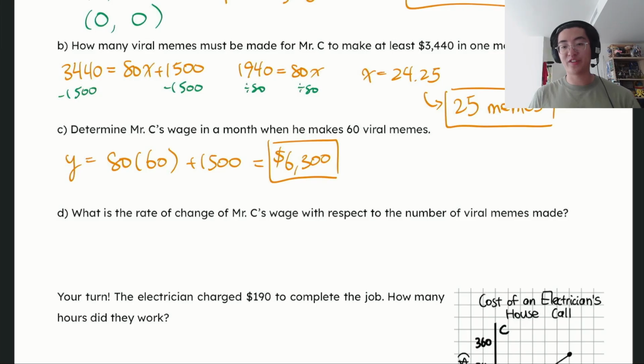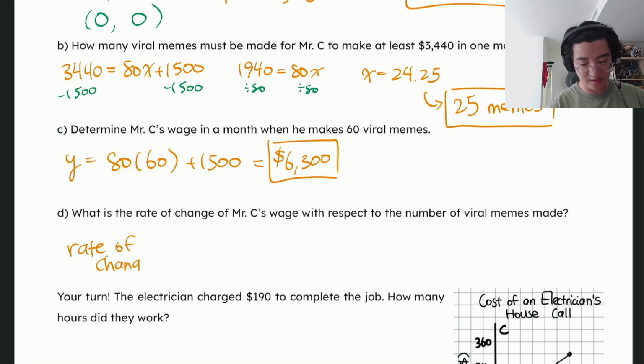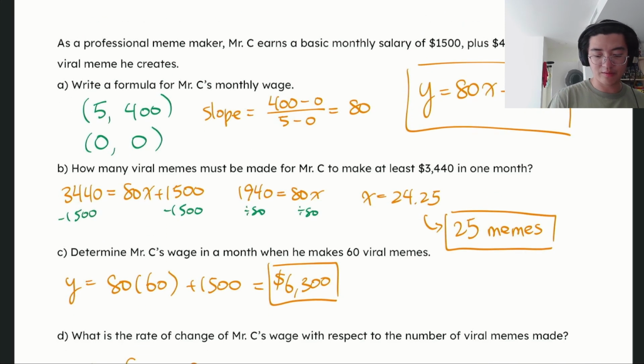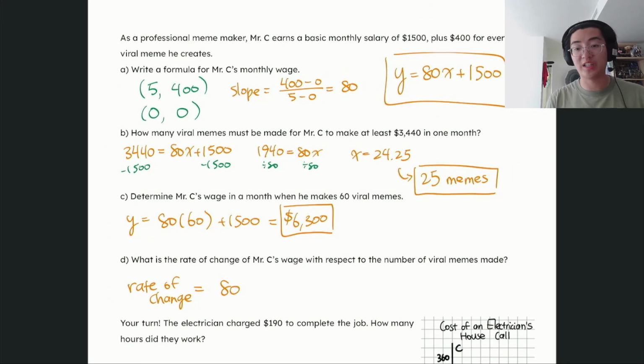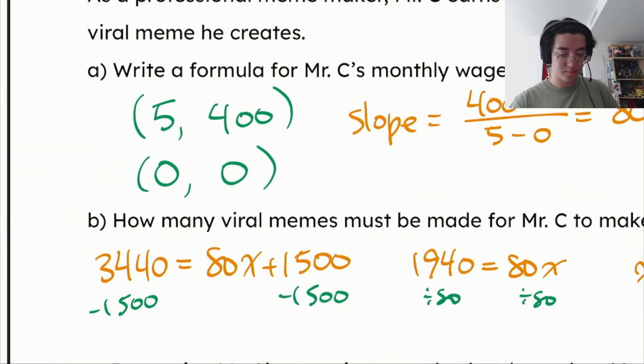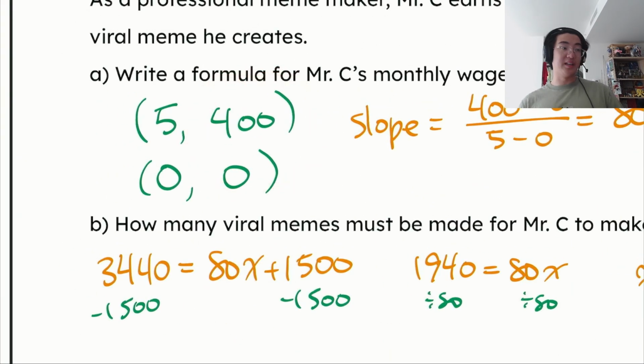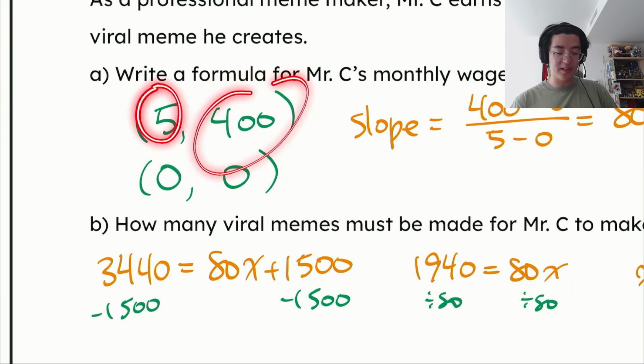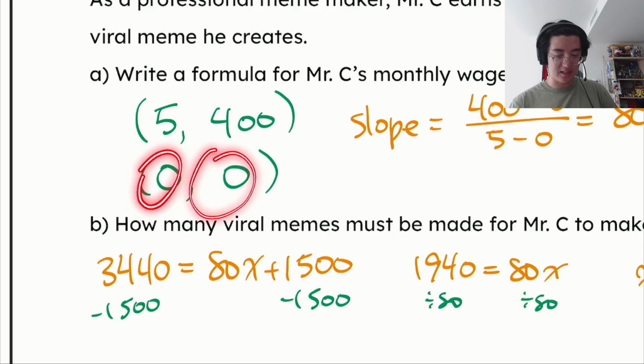Okay, and how about rate of change? Rate of change is just a slope, just a slope with the units. So we know it was 80. That's what we found earlier with the slope. As for the units, the changing y over changing x: the changing y is the money. 5 memes for 400 bucks, 0 memes for 0 bucks.